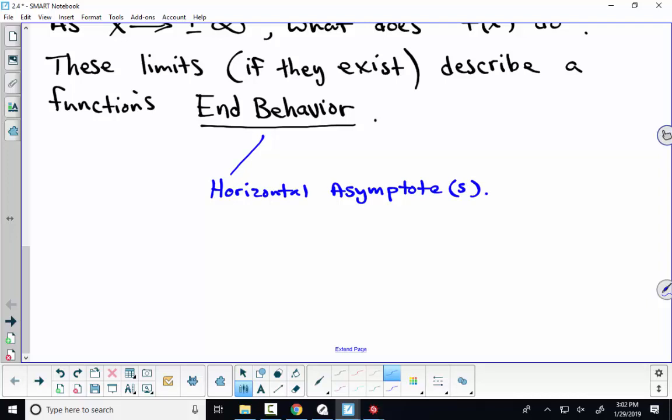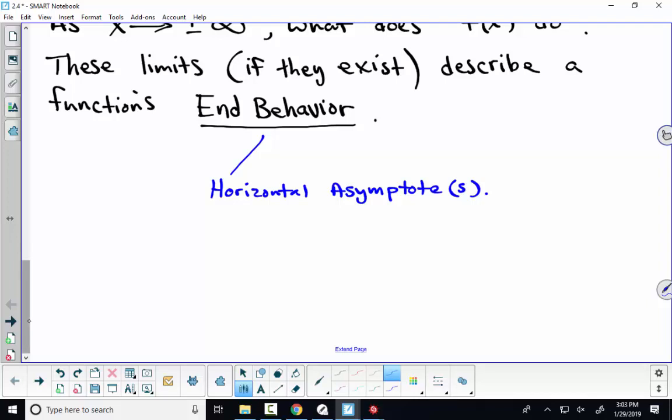Typically, we've seen mostly functions that have one single horizontal asymptote, but there are functions that have 2 horizontal asymptotes. So the more technical way is the end behavior, horizontal asymptotes, if those limits exist. It's kind of the same thing, but since we're computing limits out here and out here on the end of our graph, let's just think about that more generally as an end behavior. On the ends, what does the function do?